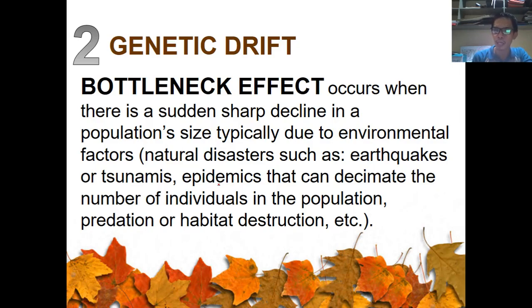So this is a random effect that will have an effect on this particular allele frequency. The first one is what they call the bottleneck effect. I have right here a bottle, and inside the bottle is a group of organisms.